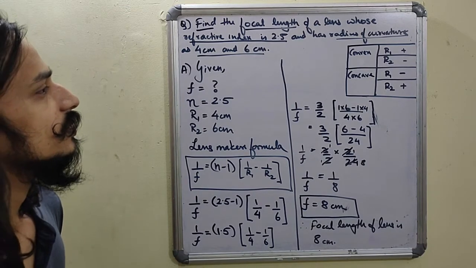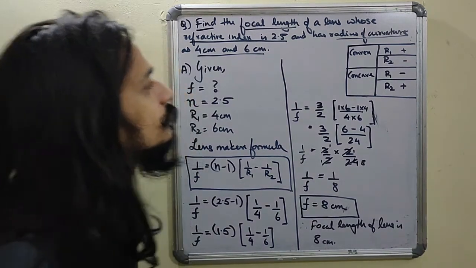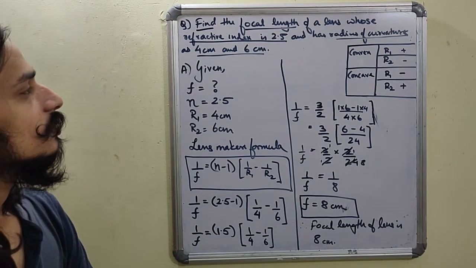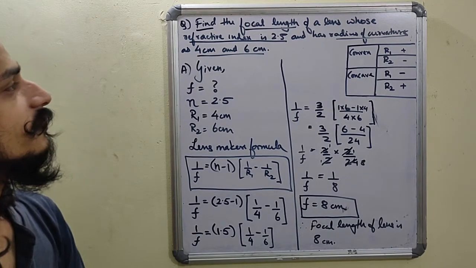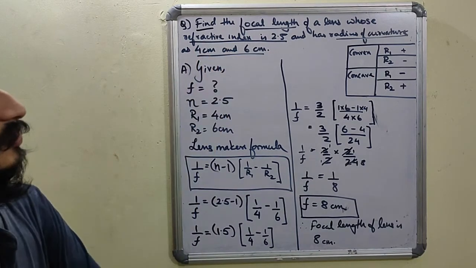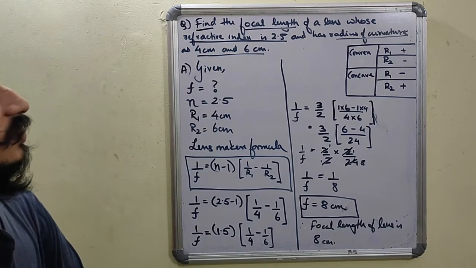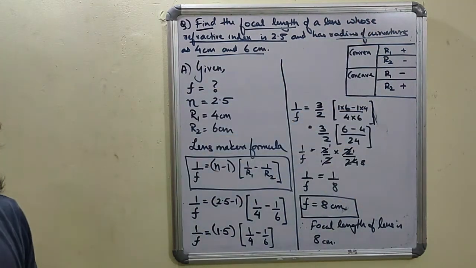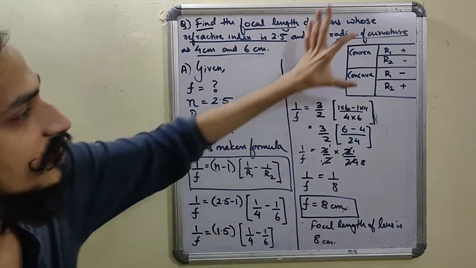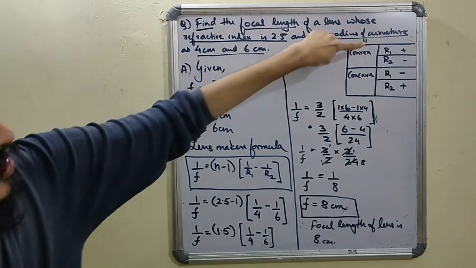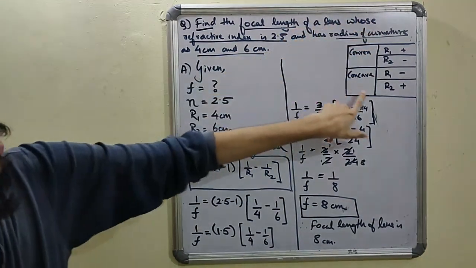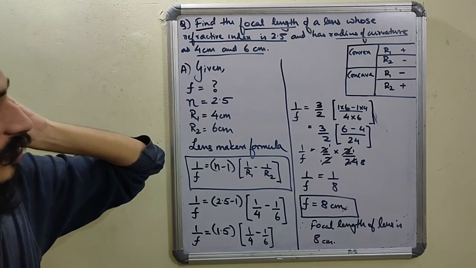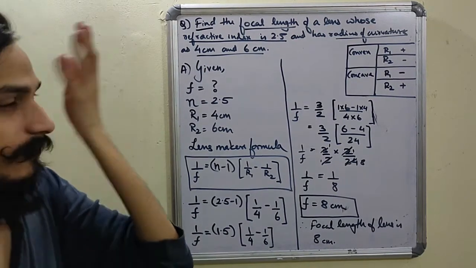Okay, so that's about it. One thing I can tell you though is, if you notice, both my R values are positive. R1 is 4, R2 is 6. I didn't get any combination of positive, negative or negative, positive. So that probably means that my R1 is from a convex lens and my R2 is a concave lens. It's a good possibility.